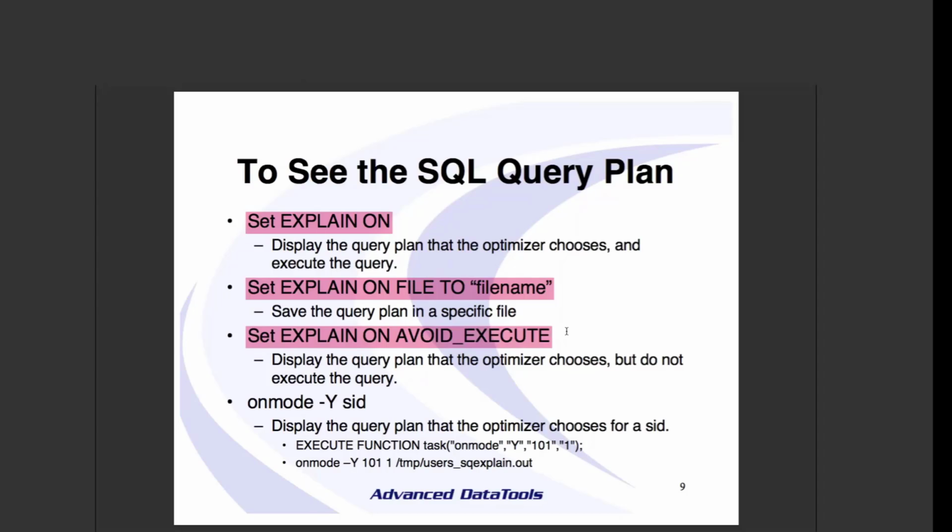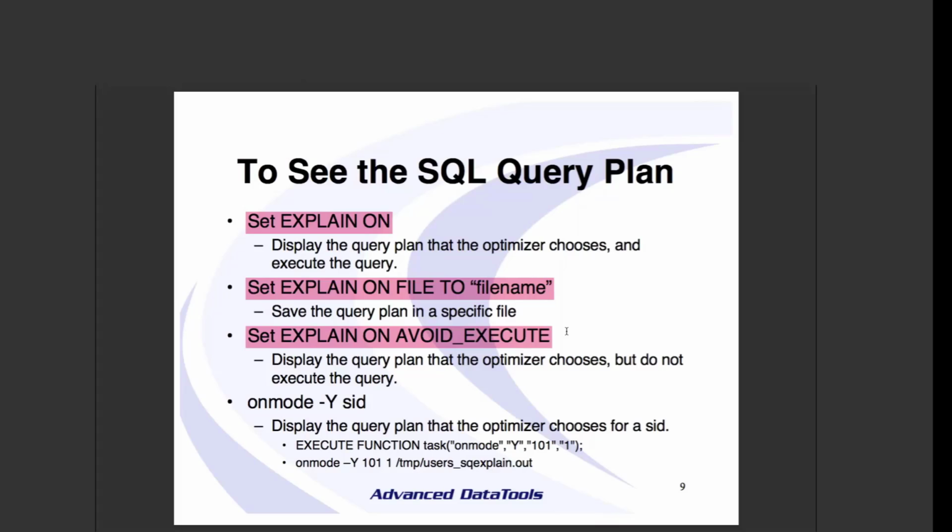And that's very helpful to debug very large programs. I use that when I've got 4 or 5 hour jobs that I want to debug, and I'll go in, run it with avoid execute, look at the cost, maybe make a change, run it again, see if the cost is better, make a change, run it again, see if the cost is better.